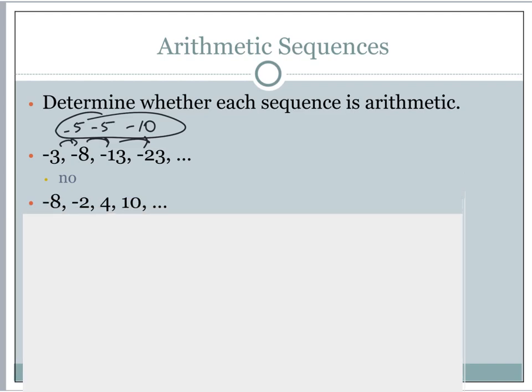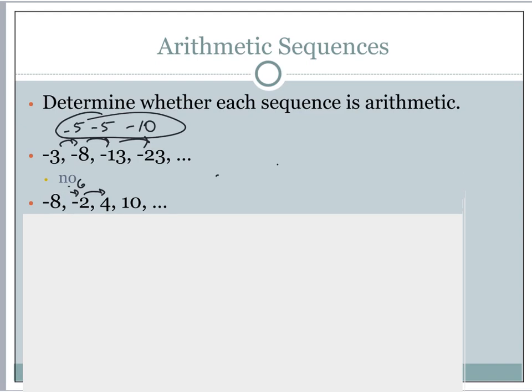For the next example, to go from 8 to -2, you subtract 6. And to go from -2 to 4, actually, let me think about that for a second.